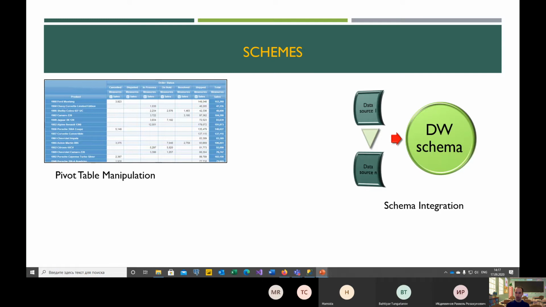So we have the schema integration where we have the data sources and we need to build the data warehouse schema, how these relational databases are connected to each other in order to obtain the most optimal representation of our business concepts.